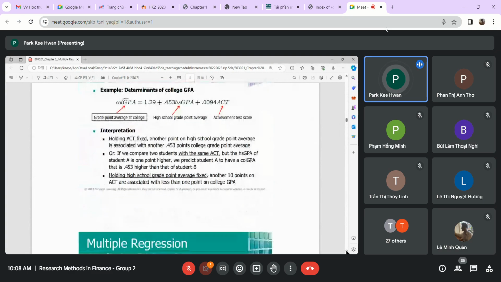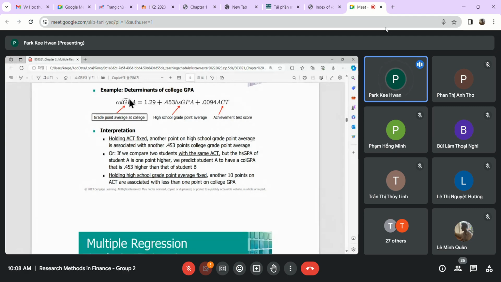So here is the example. Here we have the college GPA. This is the estimated regression model.